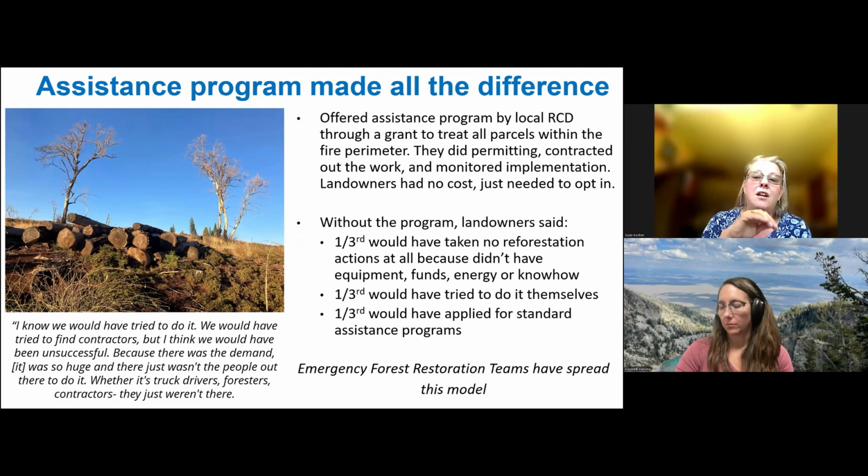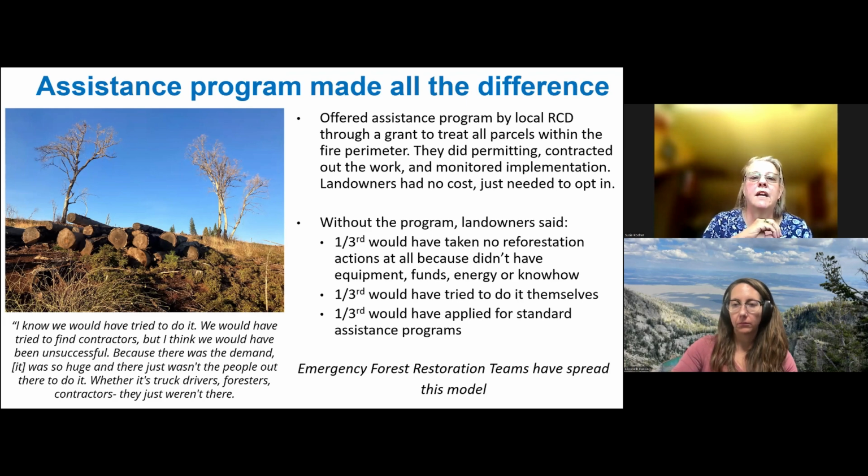And landowners had no costs, unlike other assistance programs that you might have to apply for through USDA or CAL FIRE that are competitive. You have to get the work done yourself and pay for it and get reimbursed. So this helped people. We had people living on 5 acres, on low income, and people who at the other end were high income and had large acreage. And so that area-wide approach really worked to reach a lot of people at once.